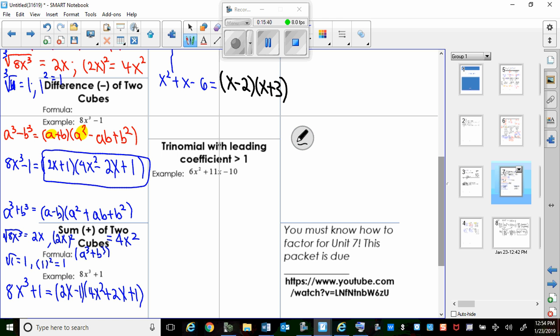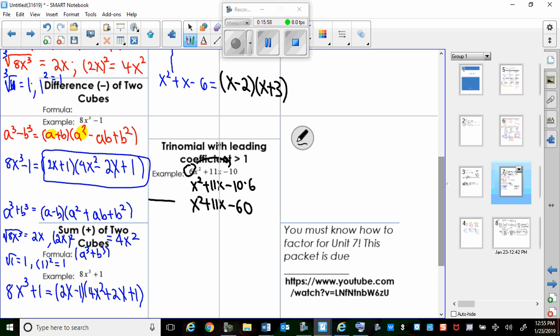So first, sliding and dividing, I bring the 6 over. I get x squared plus 11x minus 10 times 6, so this is x squared plus 11x minus 60.